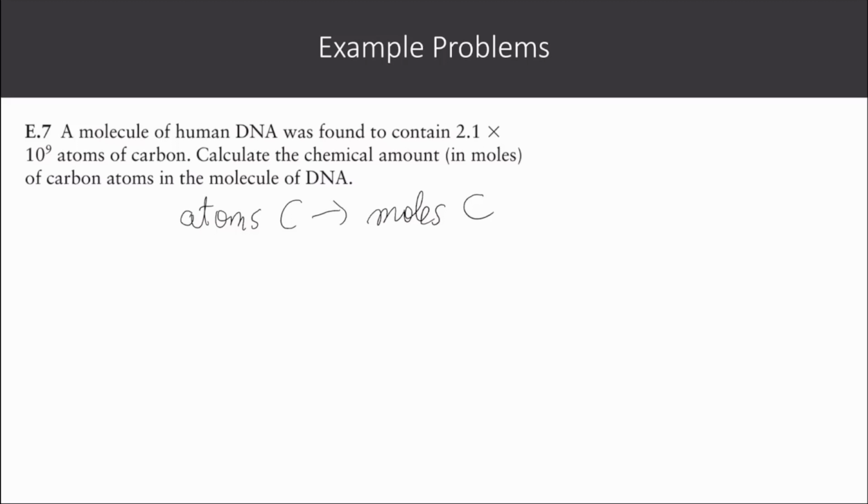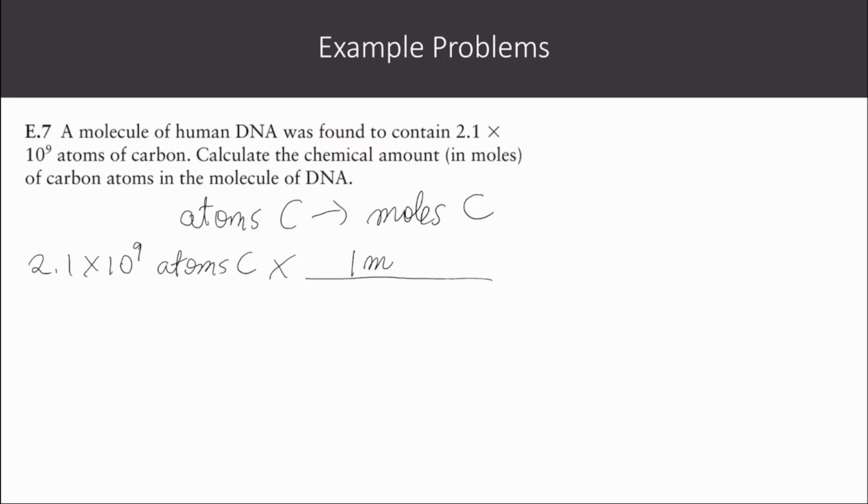And we are given the information that a human DNA has 2.1 times 10 to the 9th atoms of carbon. And then to convert to moles, we have to use the conversion factor that has the Avogadro's number.